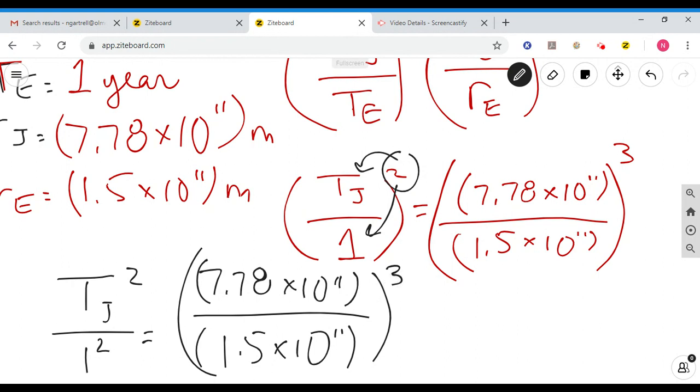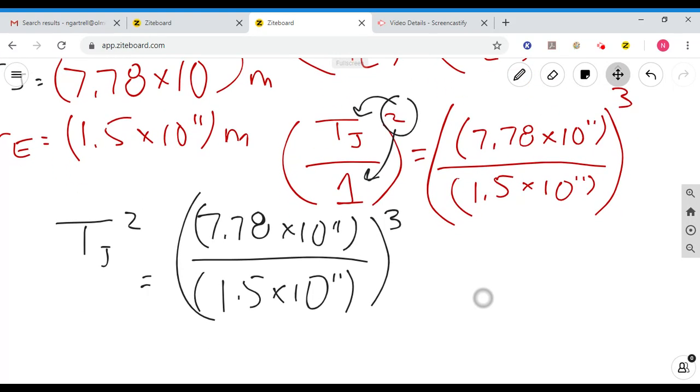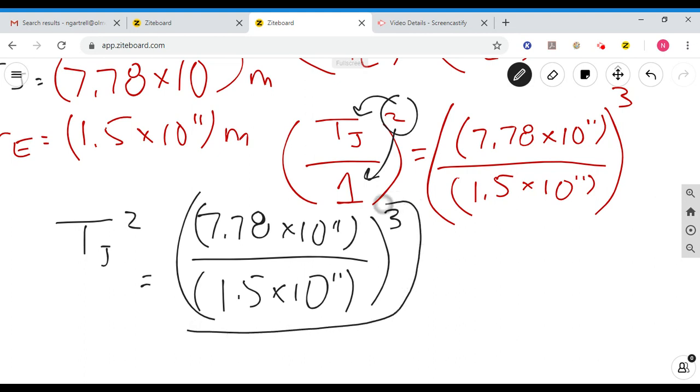All right. And here's why I said you really shouldn't even write it, because am I going to multiply by a 1 on each side? No, you don't have to. So this problem ultimately just becomes that side squared equal to that side cubed. So what I'm going to do is plug this into my calculator right now. All right.